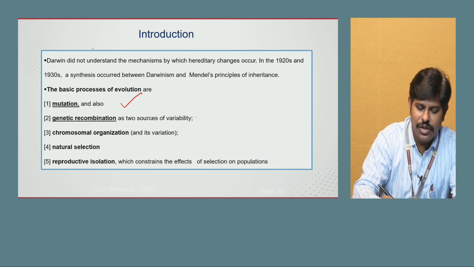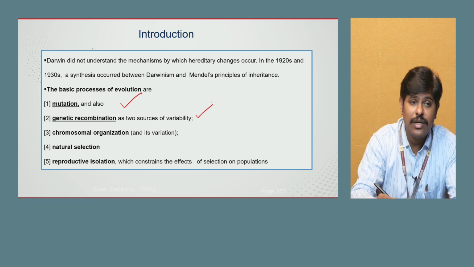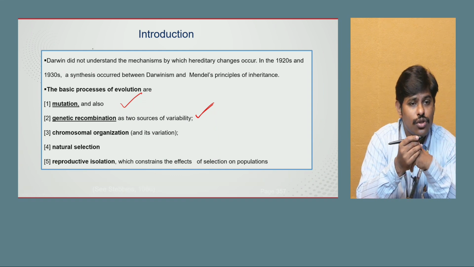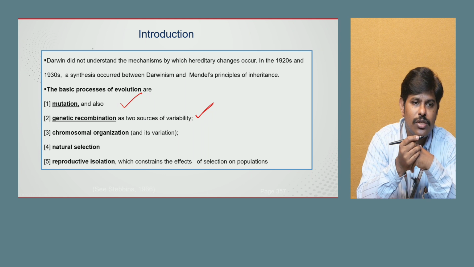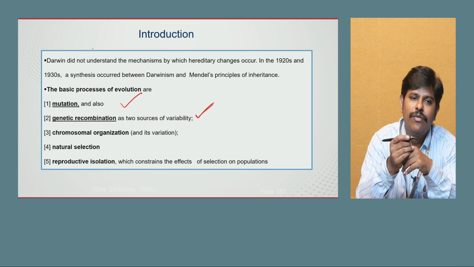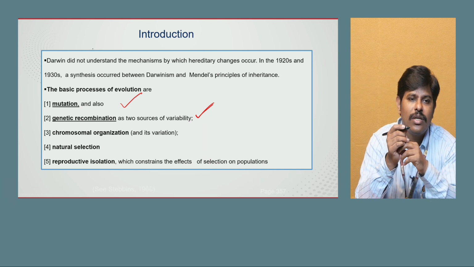Then there is genetic recombination. During mitosis and meiosis, at the time of cell division, the genetic material is exchanged among homologous chromosomes. Sometimes problems with genetic recombination lead to chromosomal aberrations, which lead to the evolution of new species or unwanted characteristics.